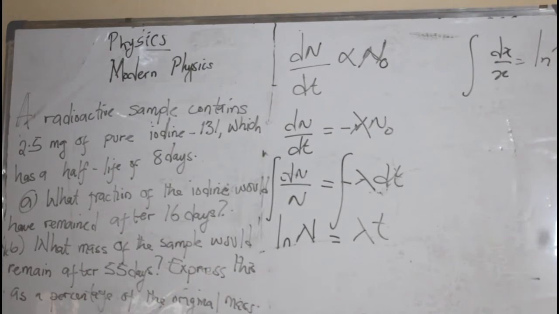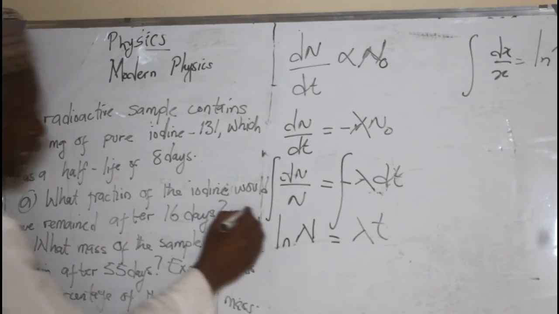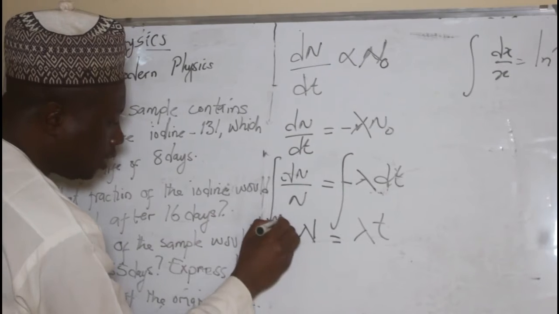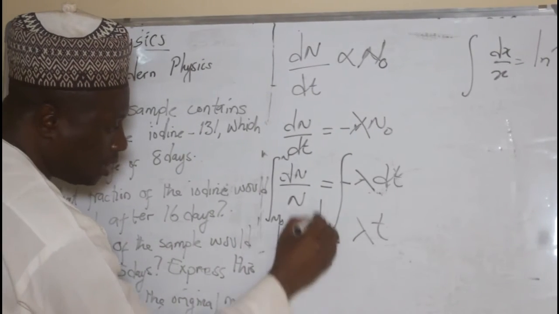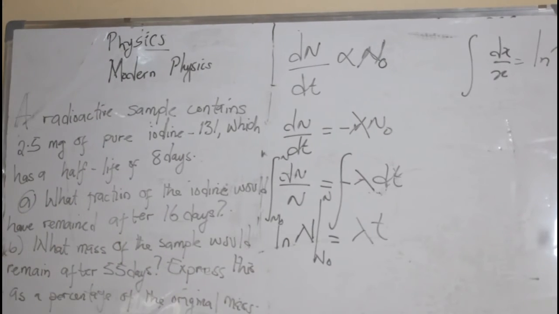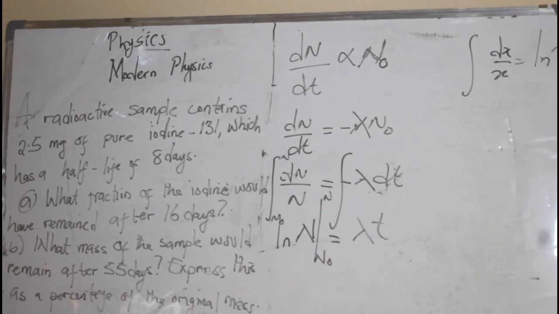Initially you're going to have n naught, the initial number of atoms present, and finally you're going to have n. Is that okay? So here this is going to be n naught and this is going to be n, and I'll put in the lower limit and then the upper limit.